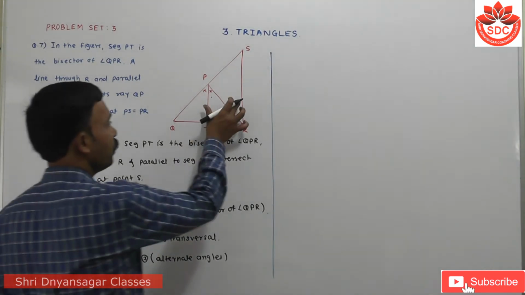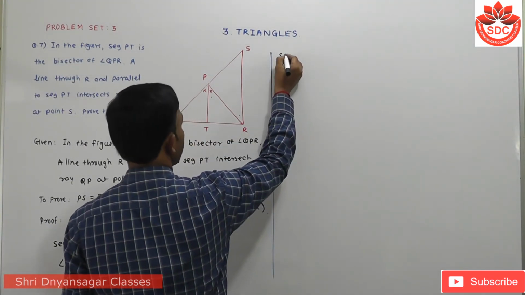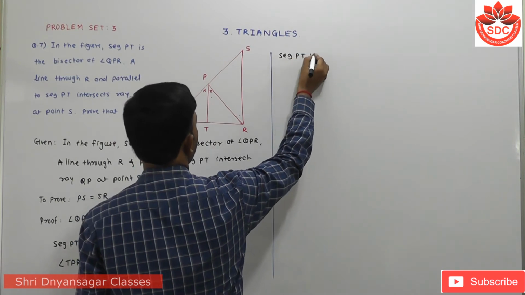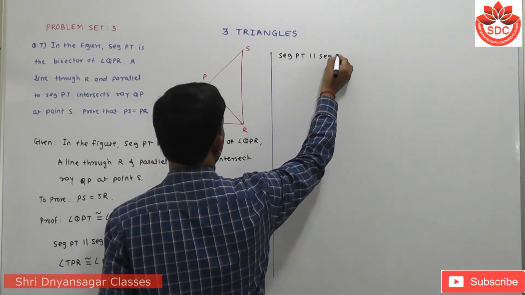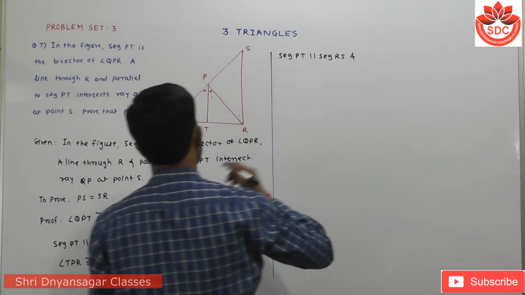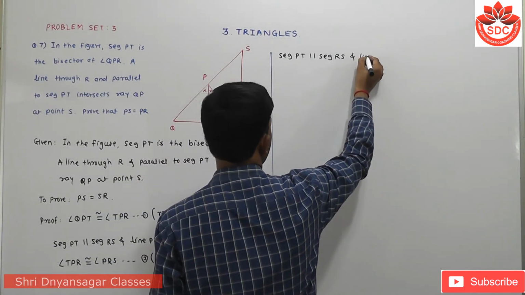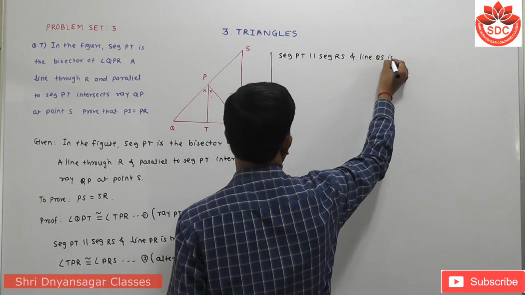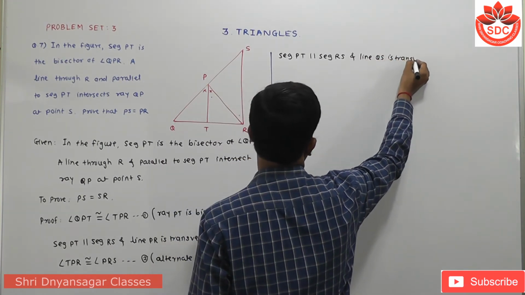Then again take these two lines: segment PT is parallel with segment RS, and this is the transversal line, QS is transversal.